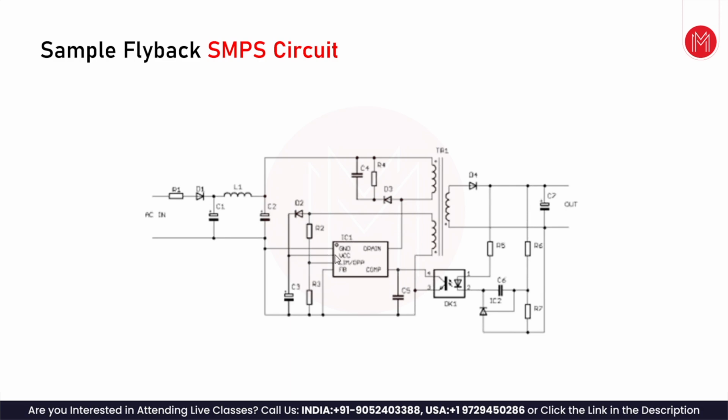So this IC gets its power supply from the auxiliary coil, and this auxiliary coil generates the VCC so that this IC can perform the fast switching internally. It will have an oscillator inside, and that oscillator switches the drain on and off.